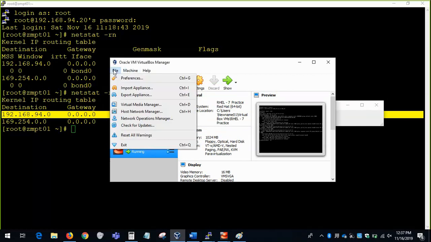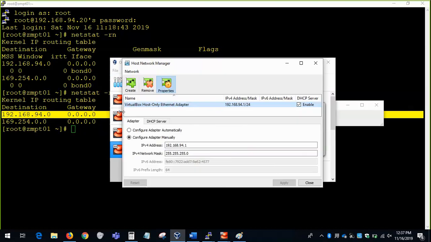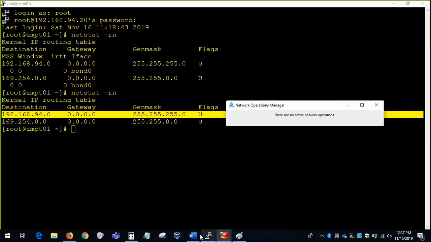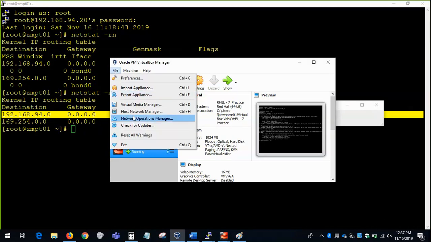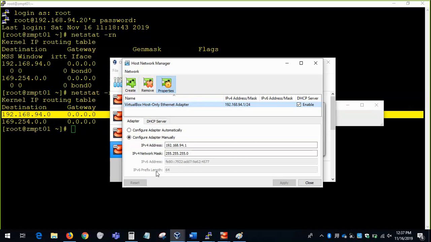Okay. So I go in here and I go into Host Network Manager. Okay, this is the Host Network Manager, and then 192.168.1.